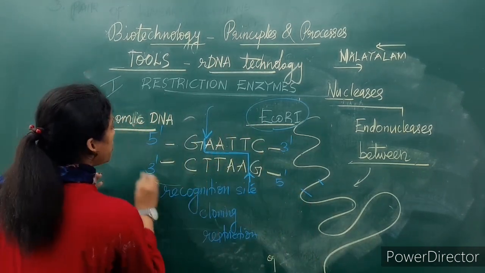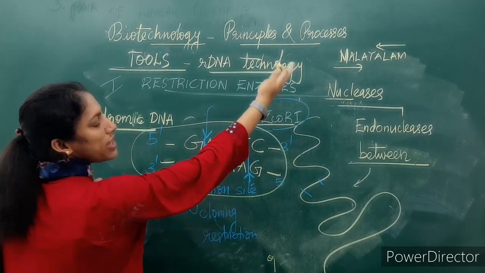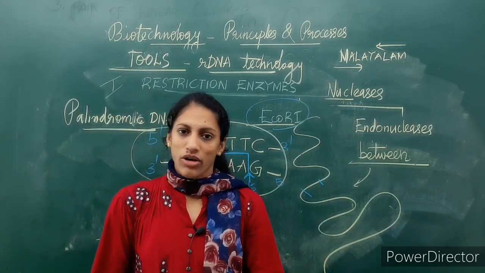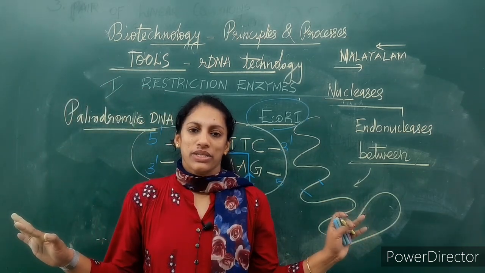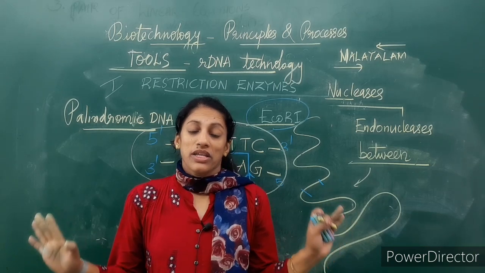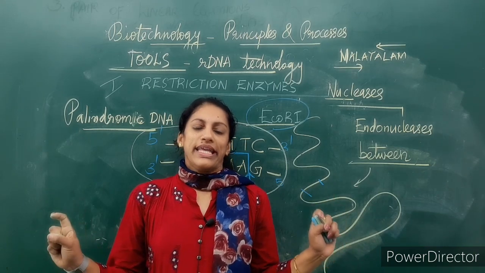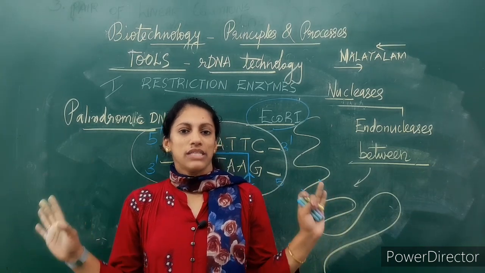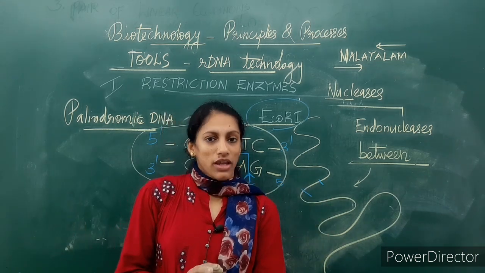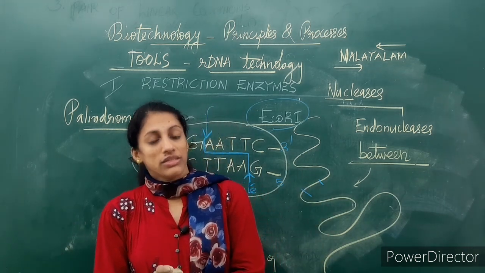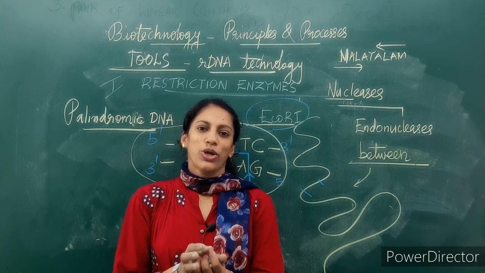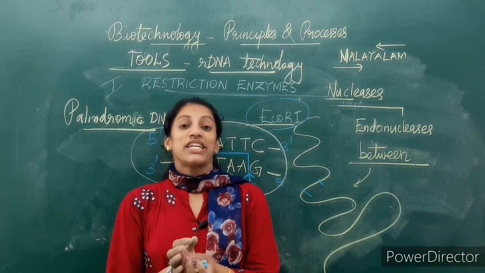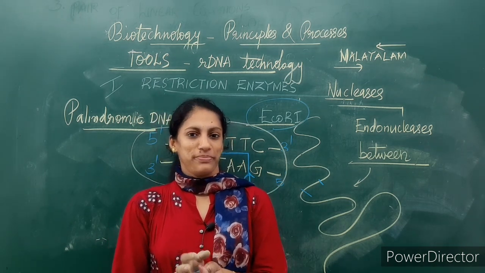Only this kind of sequence these enzymes recognize. Not only EcoR1, all restriction enzymes make cuts only at palindromic DNA sequences. These sequences are known as the recognition sites, cloning sites, or restriction sites of the enzyme.